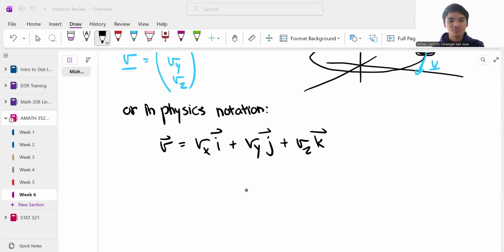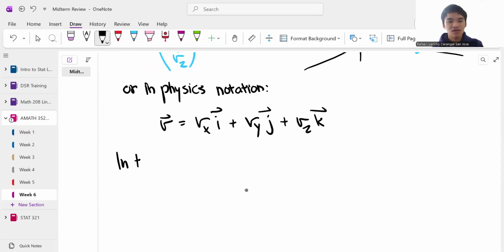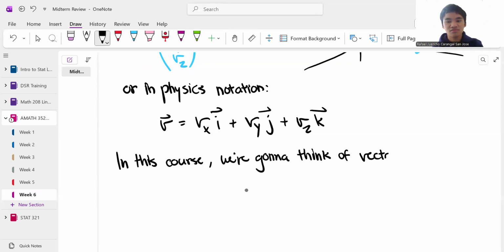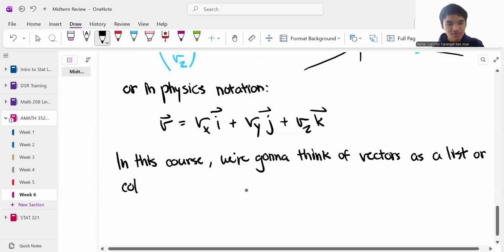The way we're going to represent it, we're going to think of it more as a list or collection of numbers.